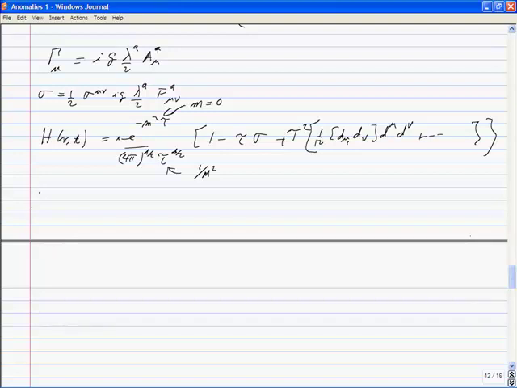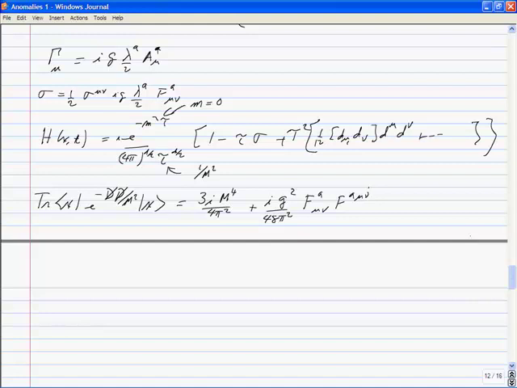So if you add it all together, the trace of x e to the minus D-slash over m squared x, that guy, is 3i m to the fourth over 4 pi squared plus i g squared over 48 pi squared F^a mu nu F^a mu nu.